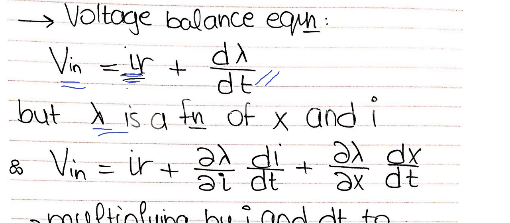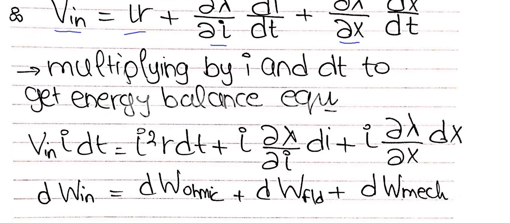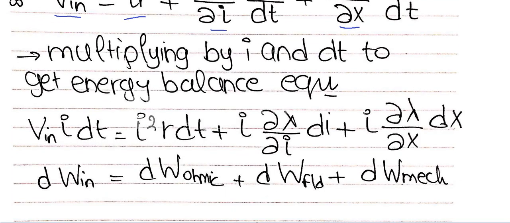Therefore, we can express this equation as follows: V_in equals iR plus partial dλ by di into di by dt plus partial dλ by dx into dx by dt, multiplying both sides by i and dt to get the energy balance equation.